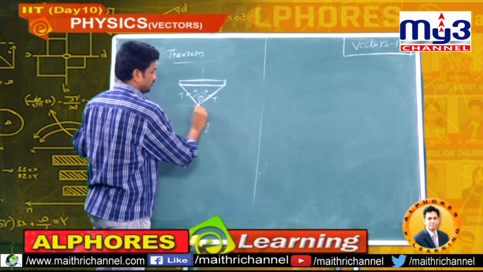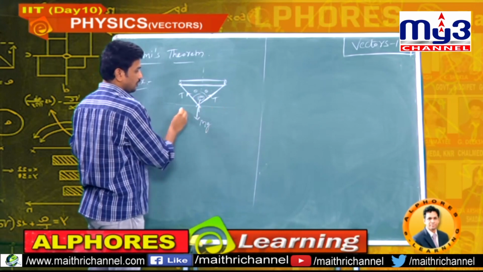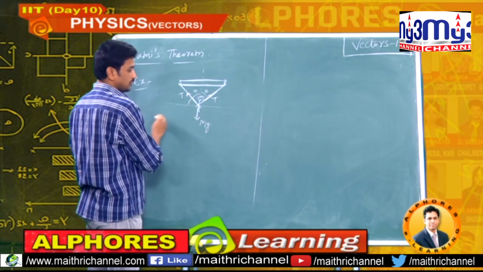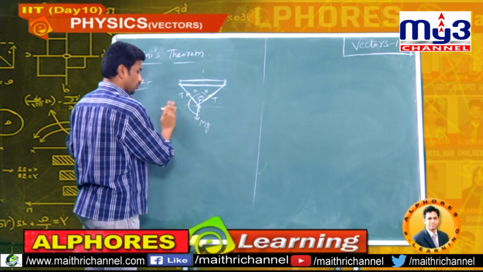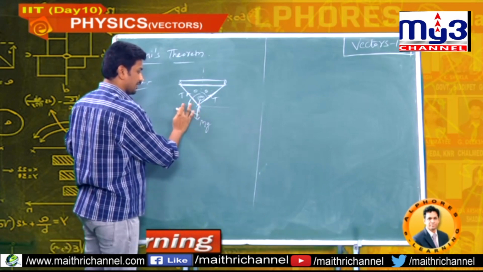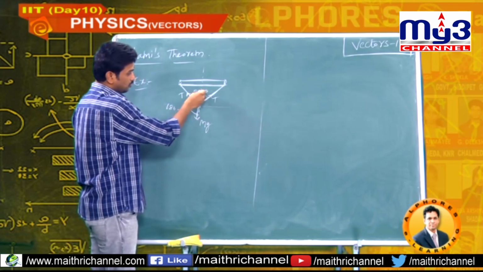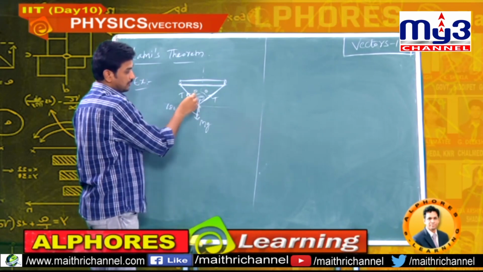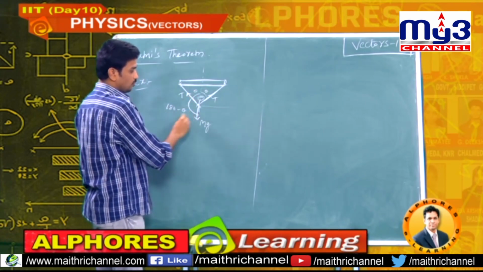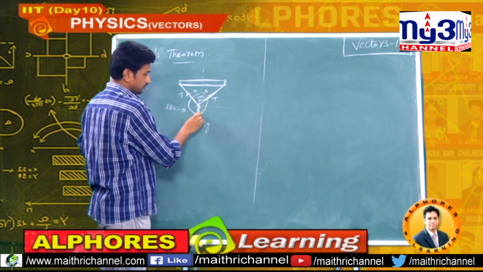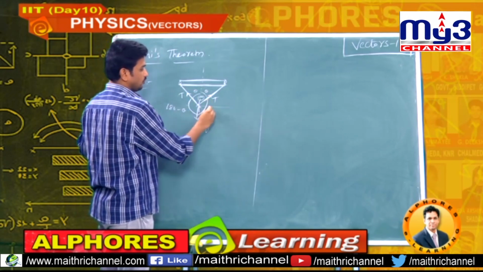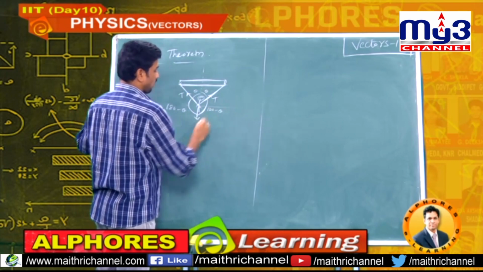Now the horizontal line. What about this? Without the help of the horizontal line, on this side I can write 180 minus theta. Is it right? Total 180. Theta gone, it's 180 minus theta. What about this? This also 180 minus theta.